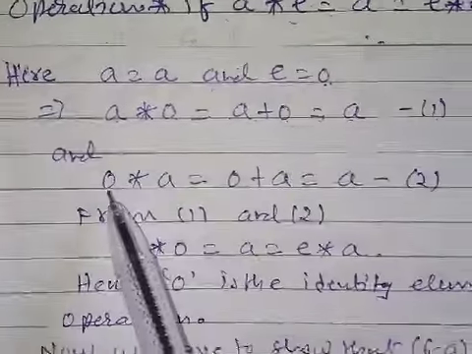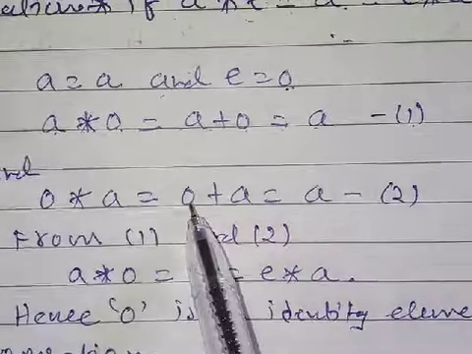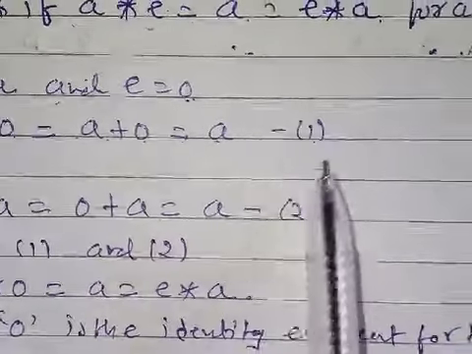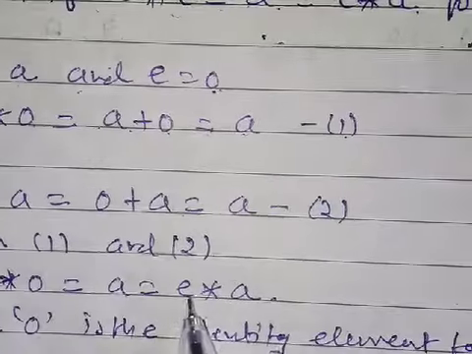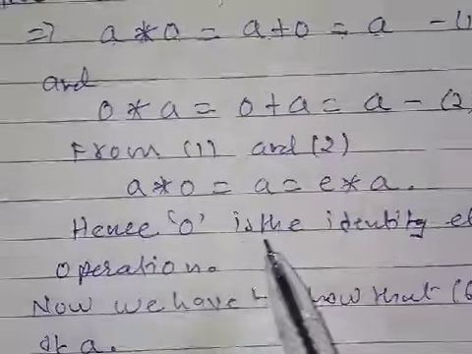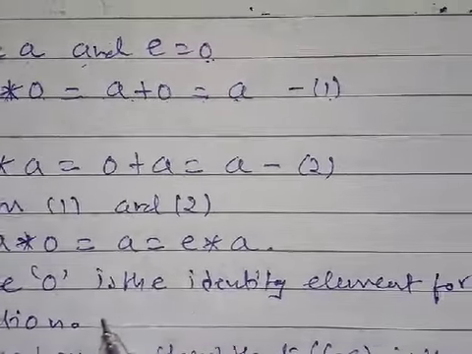And 0 star A is written as 0 plus A, which is A. So from first and second, A star 0 is equal to A is equal to 0 star A. Hence 0 is an identity element for the operation star.